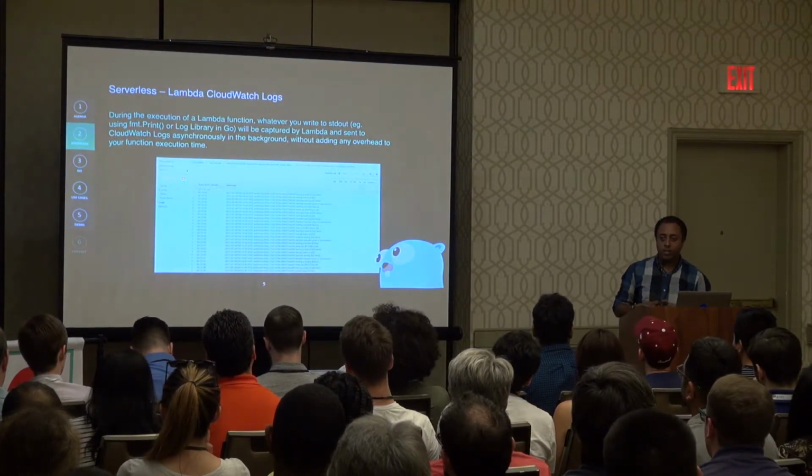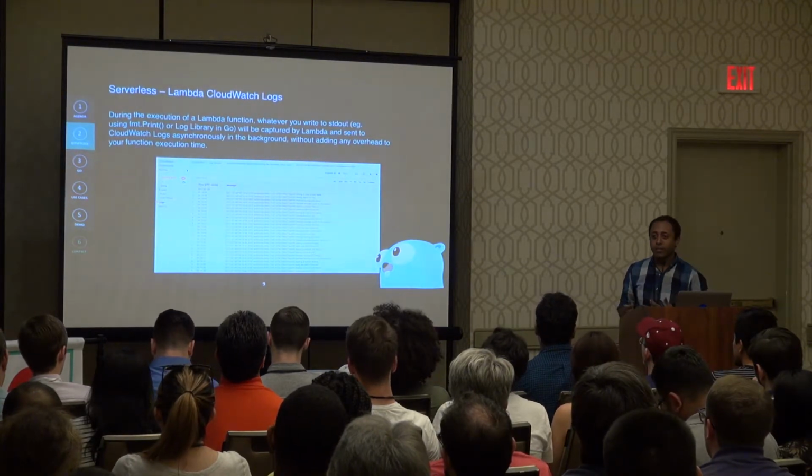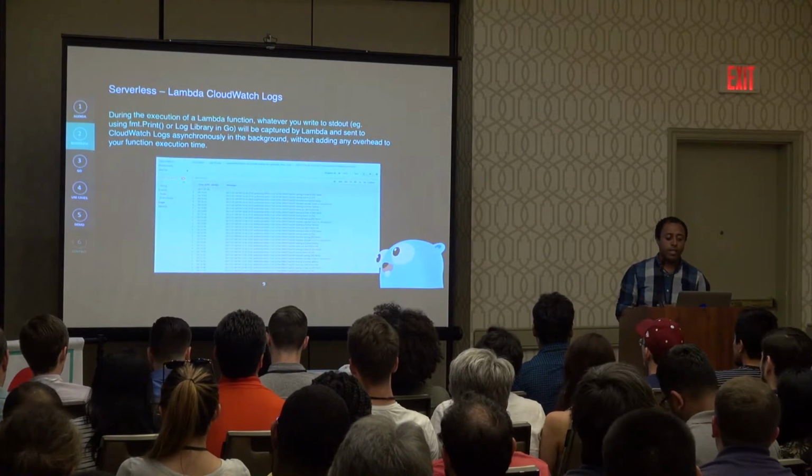It happens asynchronously with your application. Go is really powerful and can use the log library, and it's so simple to log out any errors or information that you need. The error handling in Go lets you do that very expressively, and it's really nice. It doesn't have any overhead and doesn't cost you any execution time at all.